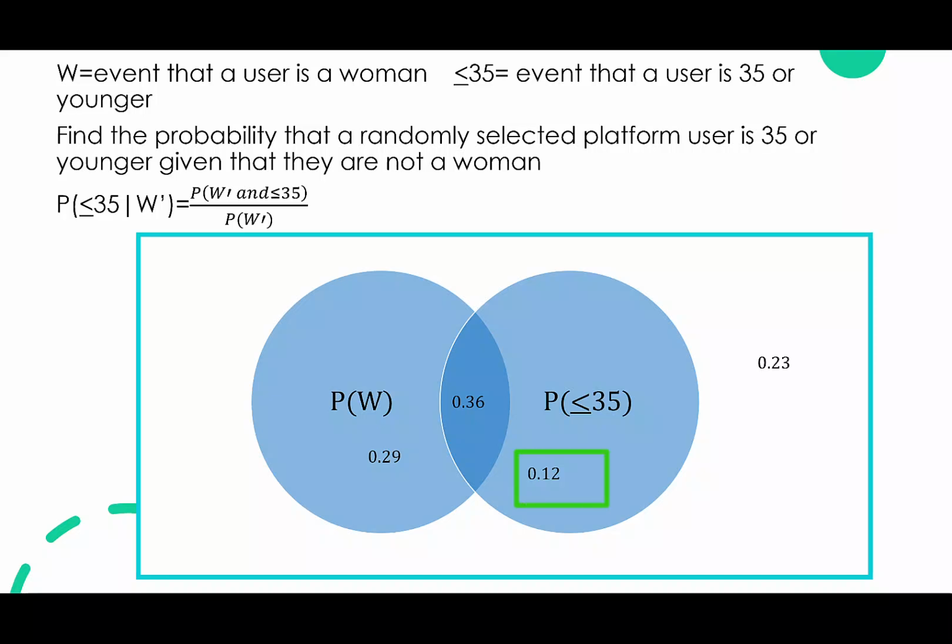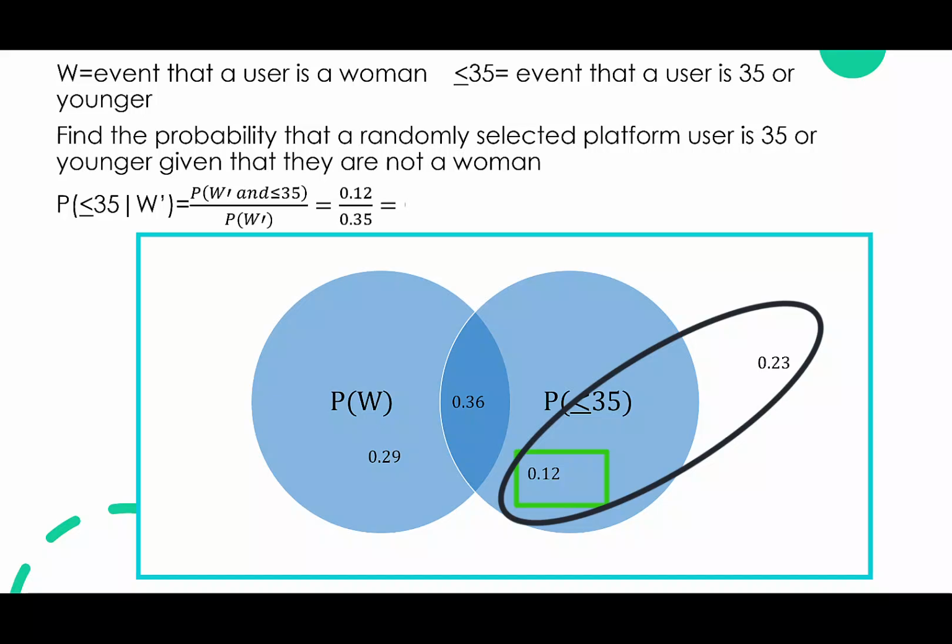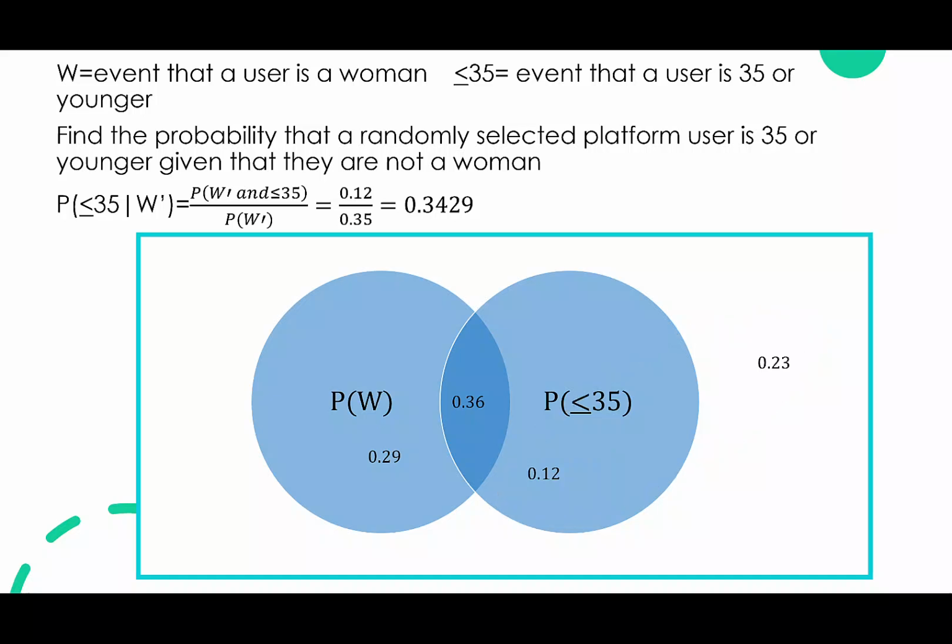The probability of not being a woman, well, that's everything outside the W circle, the 0.23 and the 0.12, which adds up to 0.35. So we have 0.12 over 0.35, which doesn't come out as pretty this time, but I'm going to round it to 0.3429.